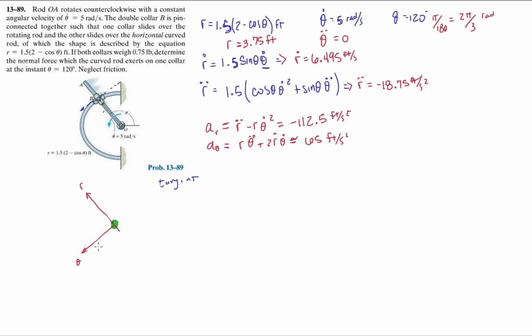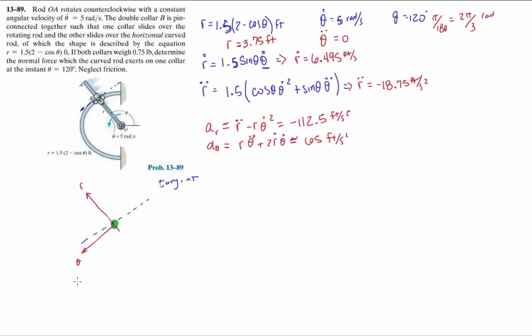So let's say the tangent is like this. That way, theta and r don't line up. Right, because we don't have the path defined, the forces acting on pin B, on collar B, aren't just directed along the r-axis or the theta axis.